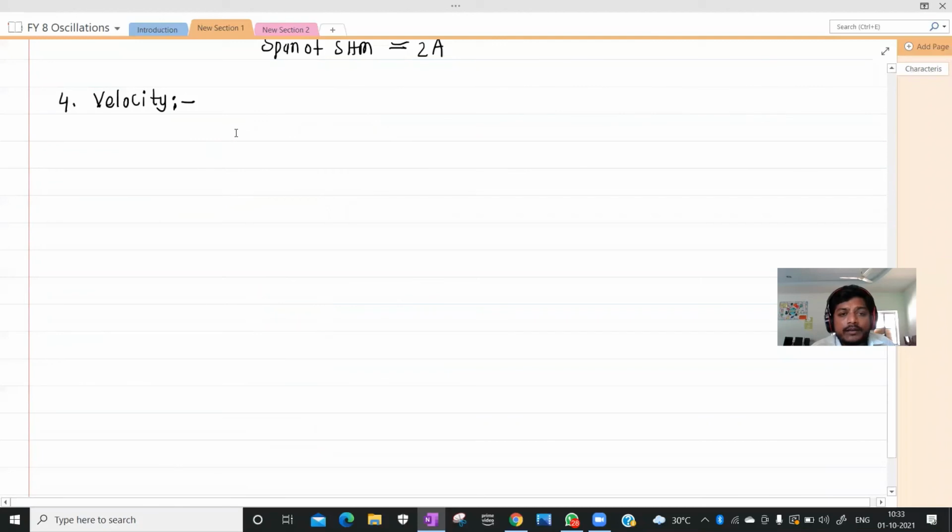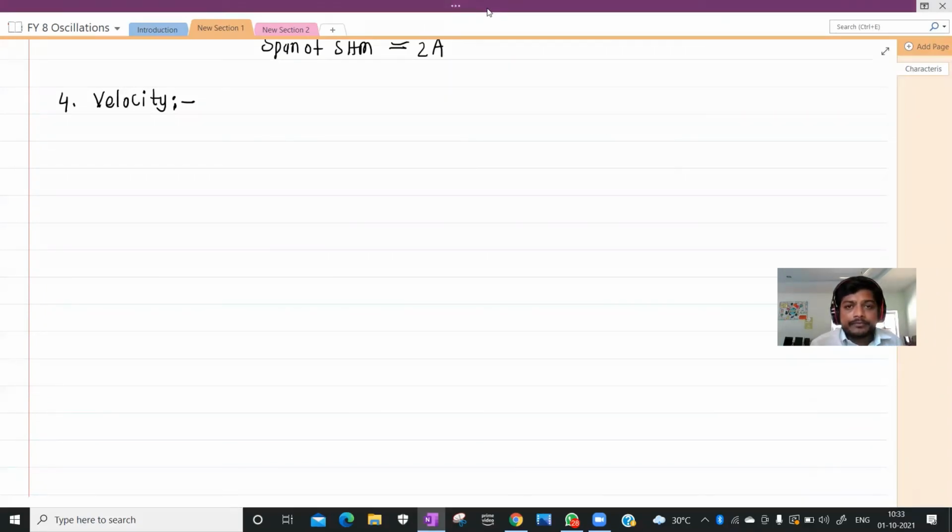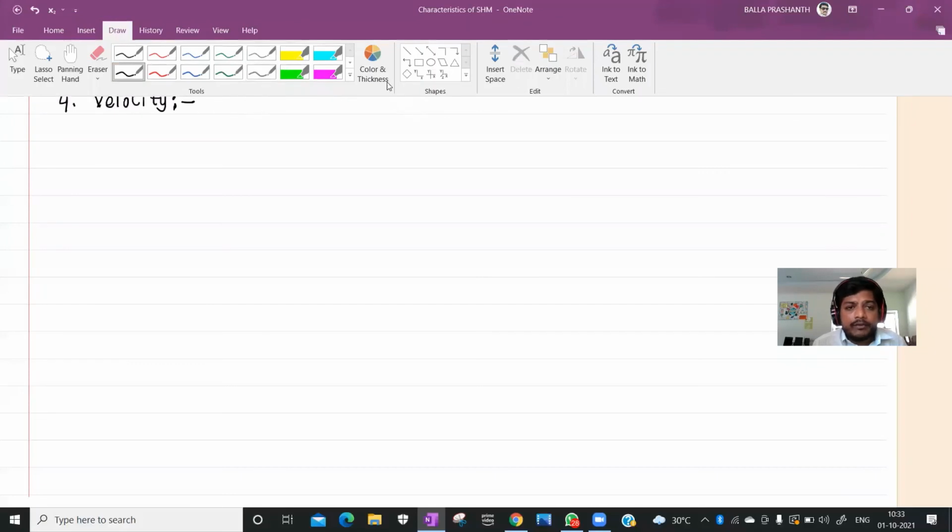Please focus. MPC students also: if you want to know velocity, first we have to understand derivatives. You need to understand all the derivatives. I will give a few formulae; please remember these formulae. I'm going to give some important formulae.